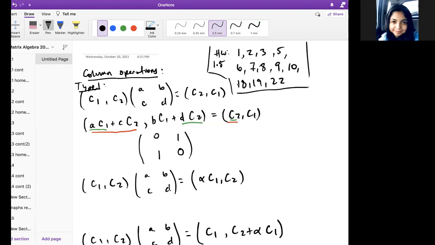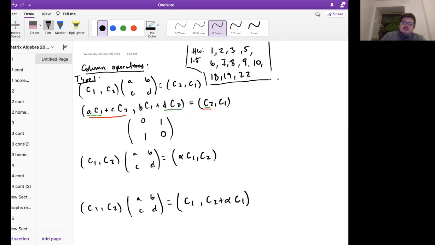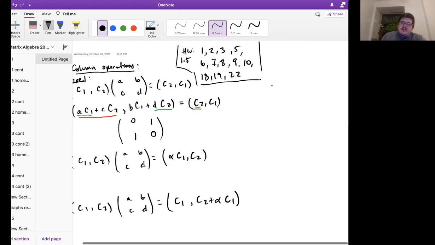So how is a row swap different than a column swap? Well, on the one hand, row swap is multiplying on the left. On the other hand, column swap is multiplying on the right. So let's say I have 0, 1, 1, 0 times x, y, z, w.